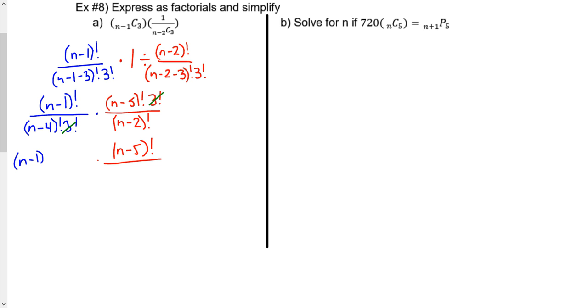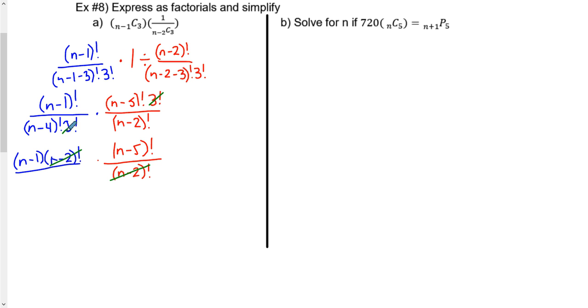Expanding it out, n subtract 1, then n subtract 2. That's going to allow us to cancel off with that n subtract 2 factorial in the denominator in that second fraction. Put that there. So that entire thing is going to cancel off.